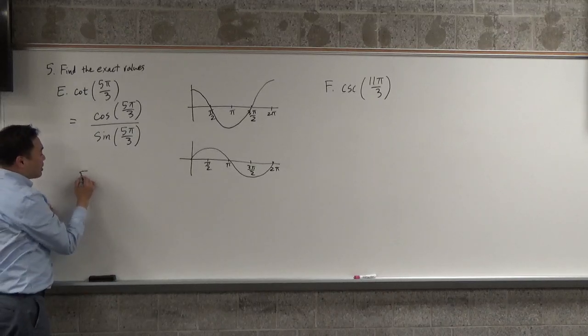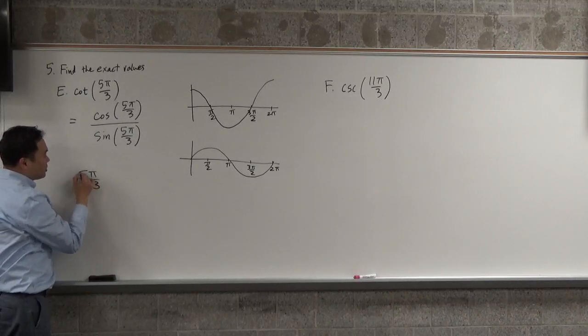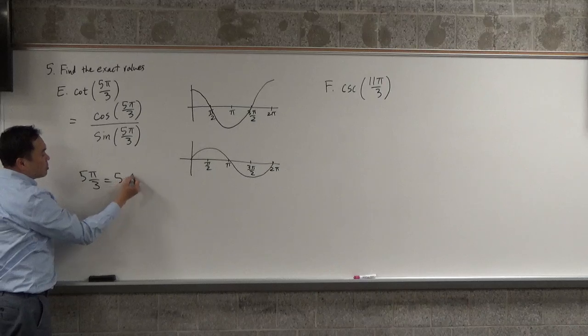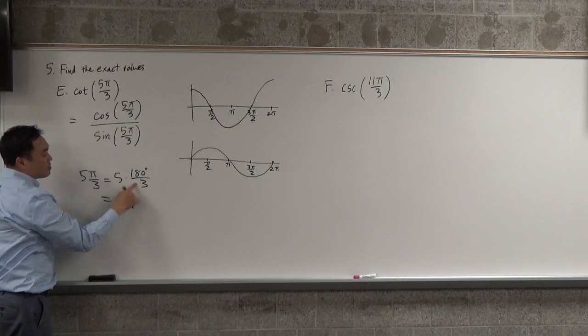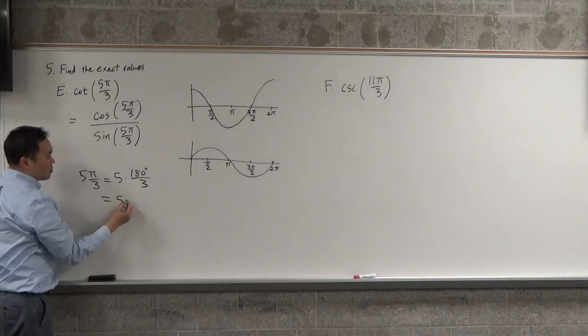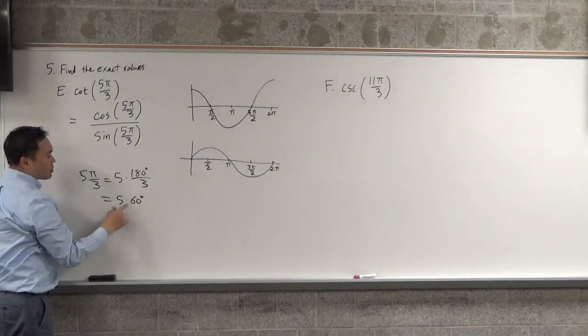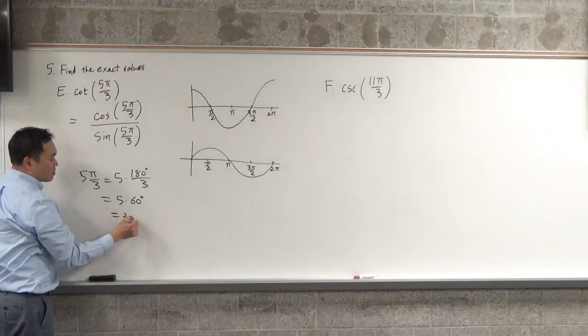What is 5 pi over 3? Because pi is 180 degrees, what's 180 divided by 3? 60 degrees, and 5 times 60 is 300 degrees.